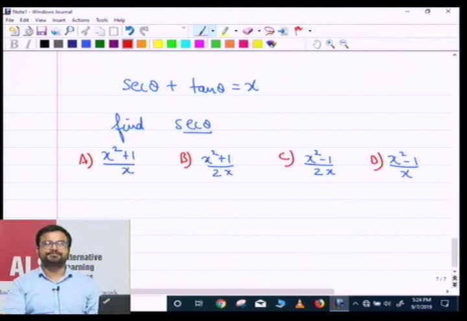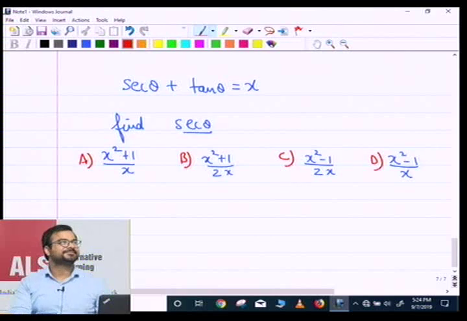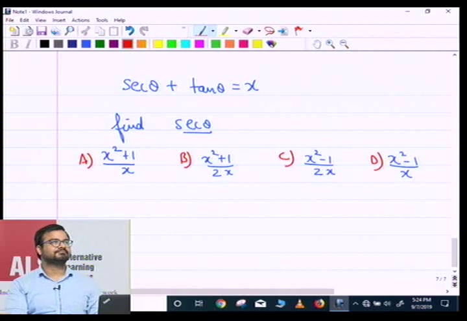Yes, Presidency, that's correct. After so much time you have given the answer. No, no, no, not Kohima. I can only see you right now. So only 1, 2, 3, 4, 5, 6, 7, 8 students are there, right?